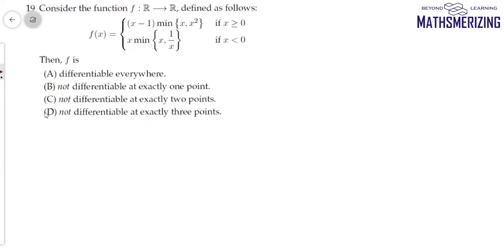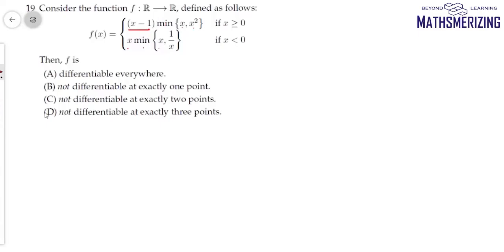Now in question number 19, this function f is defined as x minus 1 into minimum of x or x square when x is greater than or equal to 0, and x into minimum of x or 1 by x when x is less than 0.